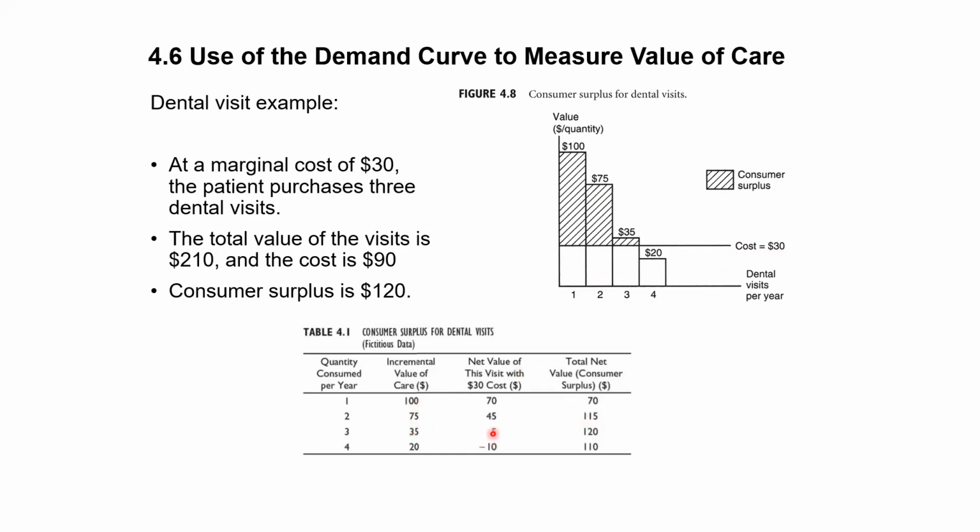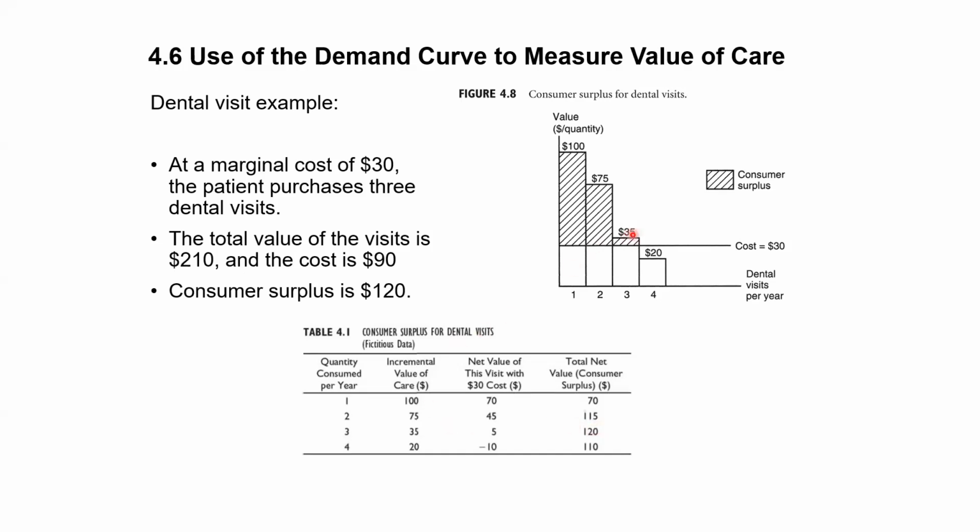So you gain 75 minus 30, you gain a value of about $45. So that's the value under the curve, the surplus value. So right now, after the second visit, if you add up 70 plus 45, our total net value for the consumer would be $115.